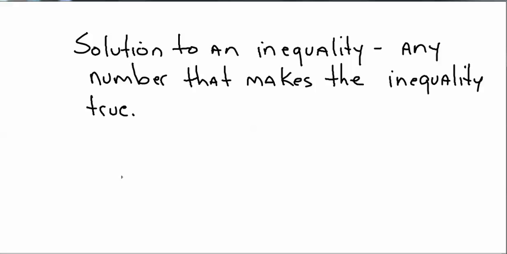Alright, so how would you read this one? Any volunteers? Taylor. Very good. X is less than or equal to negative 7. Agreed? Alright.